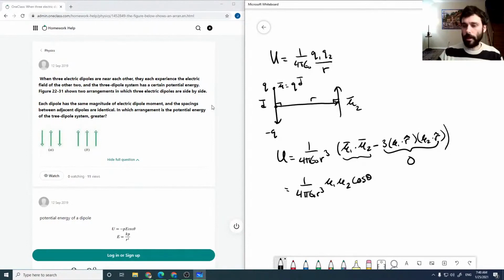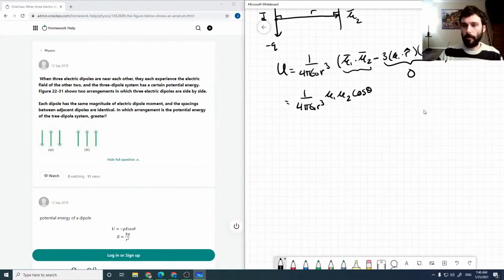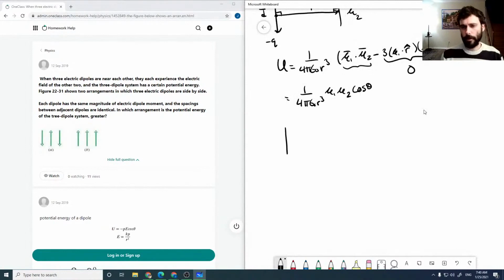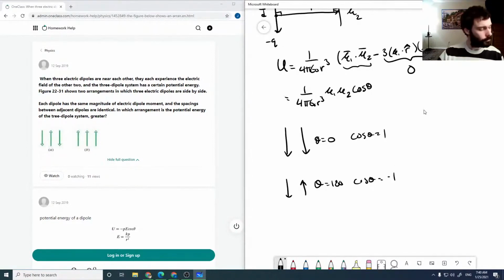And recall that if they're lined up, theta is 0, so cos theta is 1, and if they're anti-aligned, then theta is 180, and cos theta is minus 1.